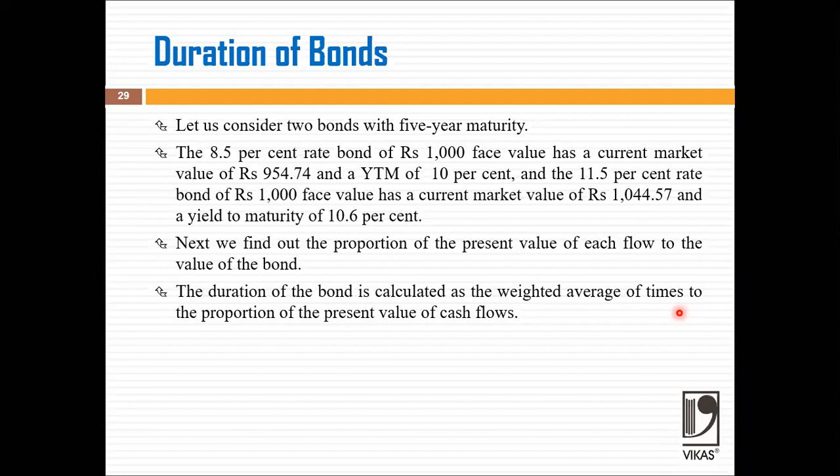Next, we find out the proportion of the present value of each cash flow to the value of the bond. The duration of the bond is calculated as the weighted average of times to the proportion of the present value of the cash flow.